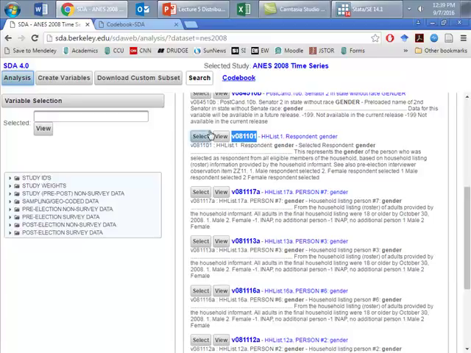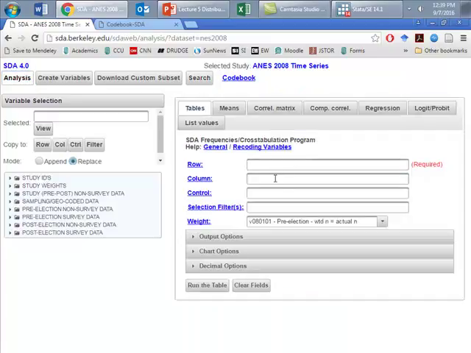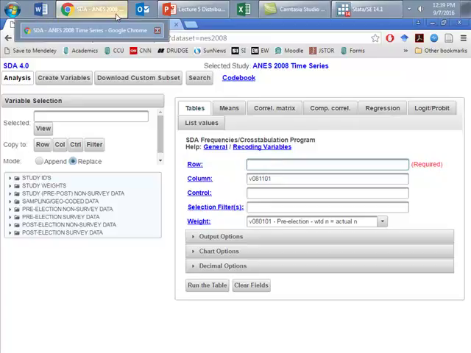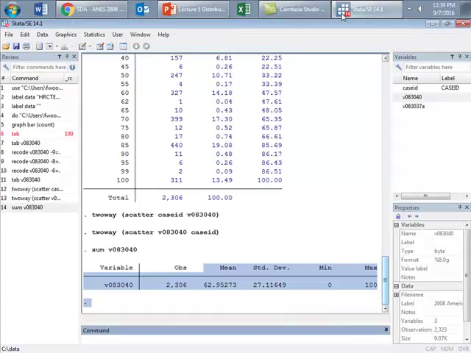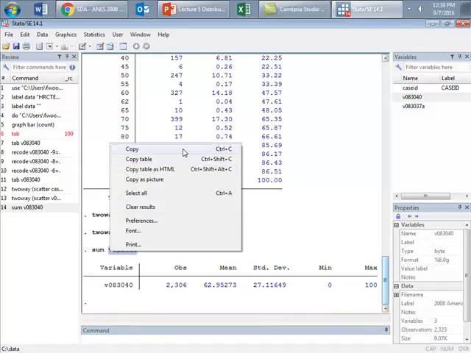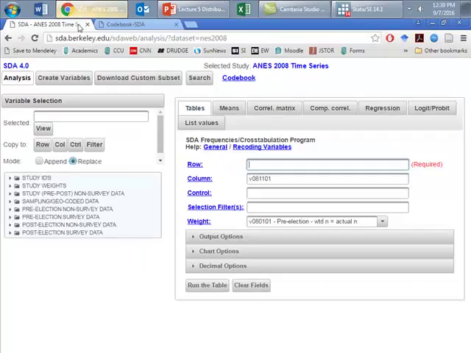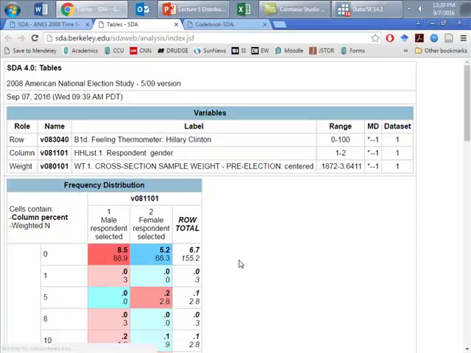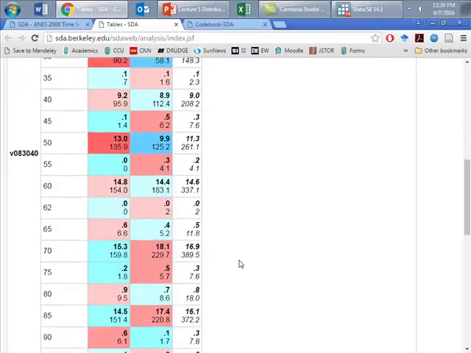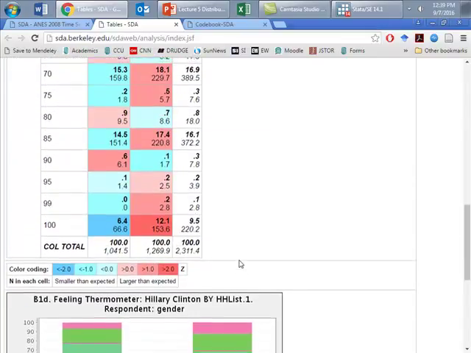All right, go back to analysis. Gender is going to be my columns. And my row is going to be this variable number. Please, Lord, do something. Okay.